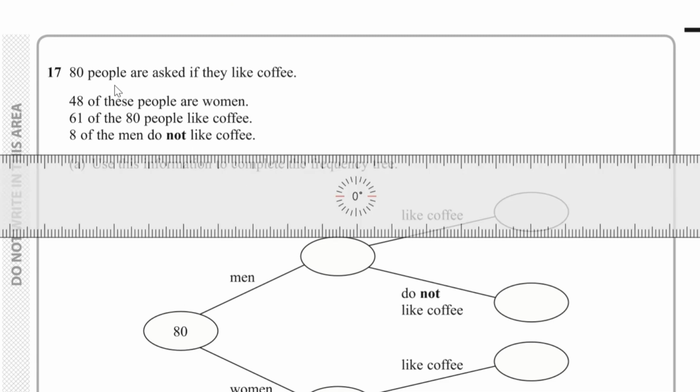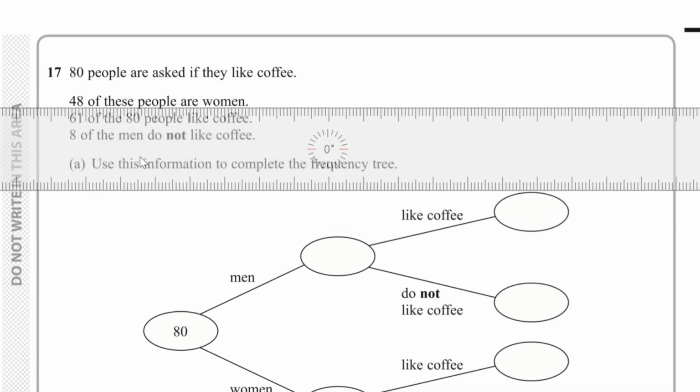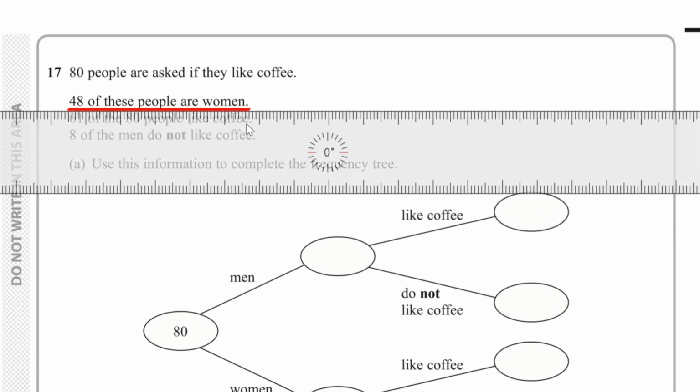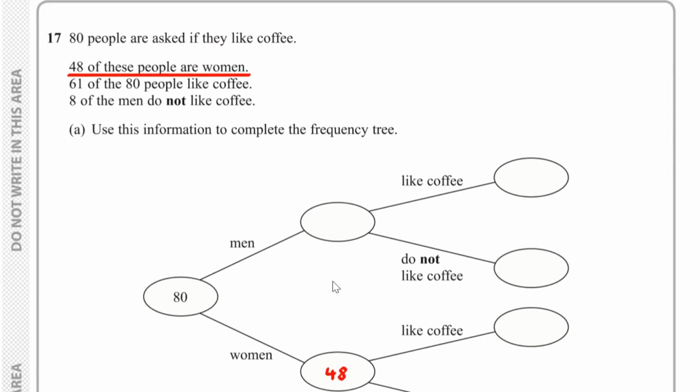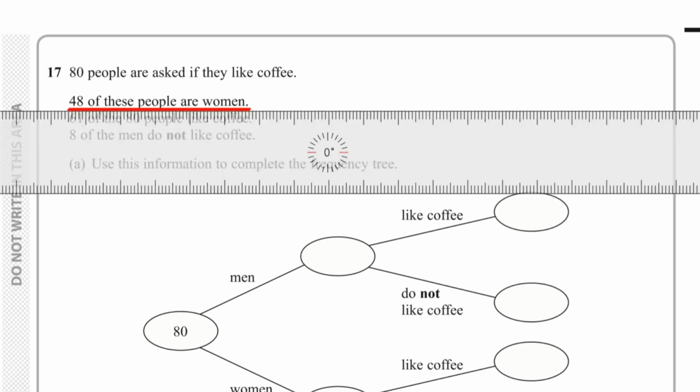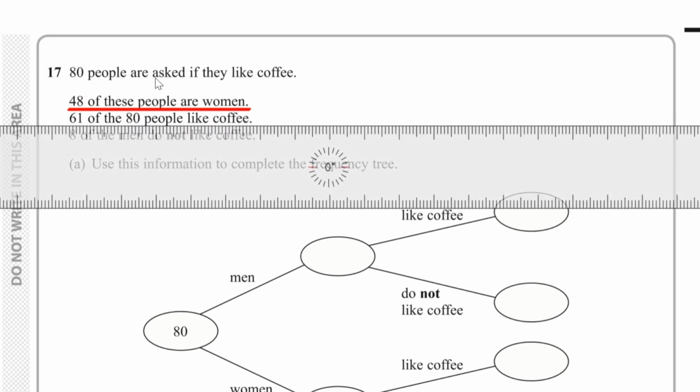So, we have 80 people in total, and then we are told 48 of these people are women. So that means we have 48 women. Then it says 61 of the 80 people like coffee.